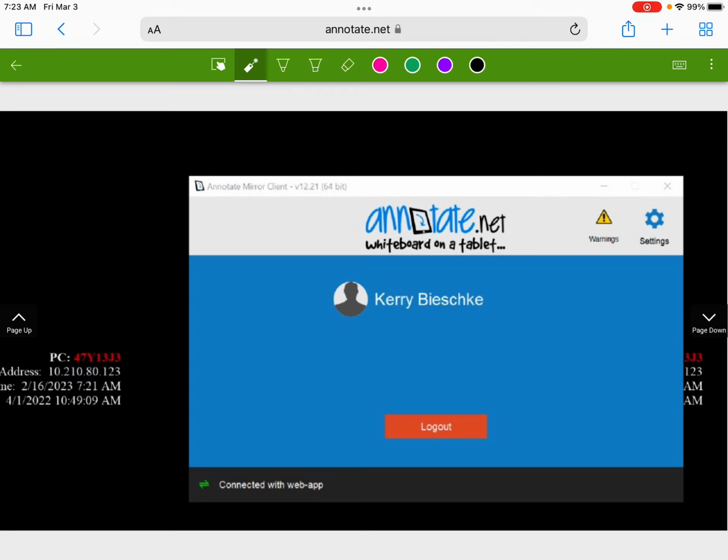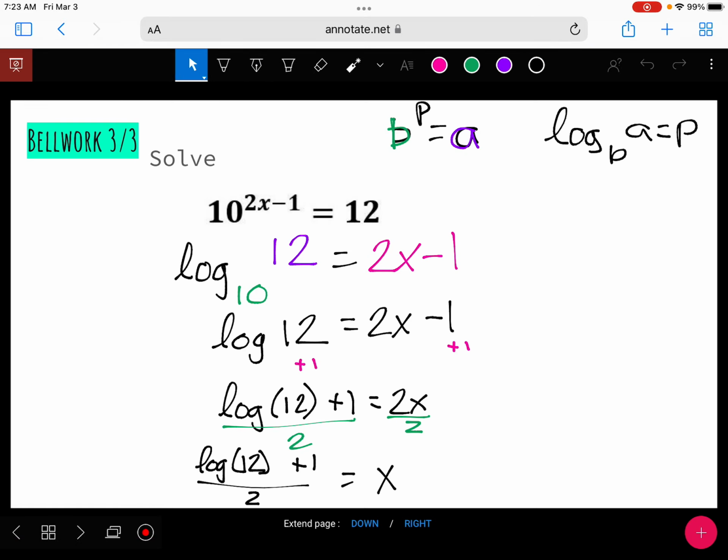Then you are going to do log of 12 and close the parentheses on the top of that fraction. Once you close the parentheses, you are going to add 1. And then you're going to divide the whole thing by 2. You're going to put 2 on the bottom.